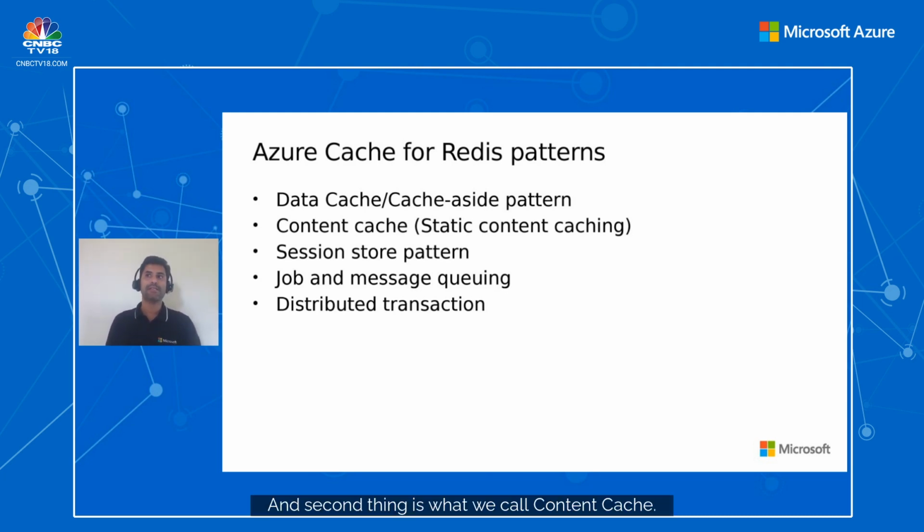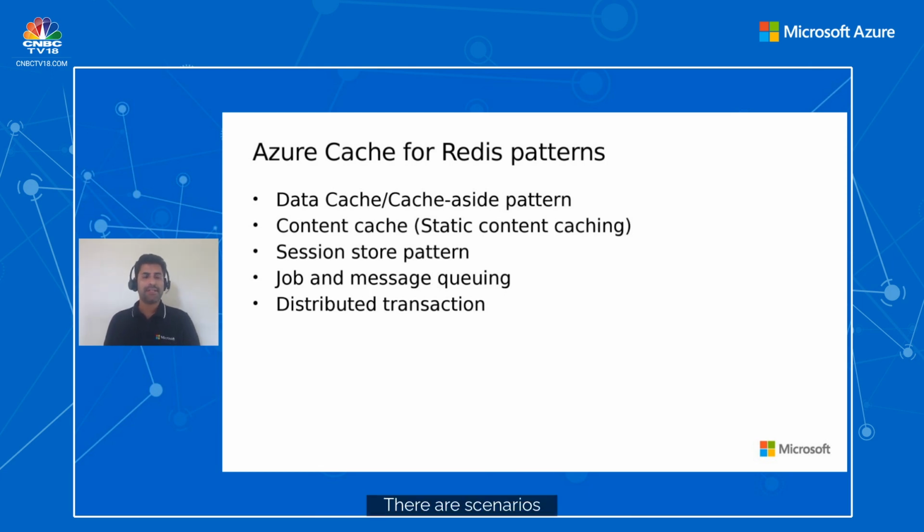And the second thing is what we call content cache. This is ideally applicable for scenarios where we are running static websites which have a lot of static content, say for example banner page, header, footer, etc. So in this case, instead of looking up all the details from the backend, we can have some of this static content cached in Redis, and it will be quite a bit faster compared to looking up all the static information somewhere else.